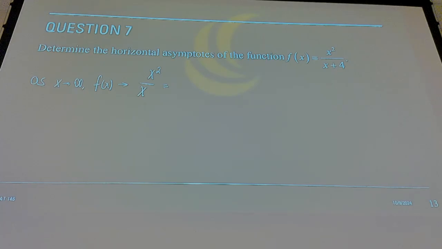Which is what? Oh, but wait, as x gets really large, what does x do? Gets really large. So there's no horizontal asymptote on the right. On the right-hand side, the graph is just going to keep increasing without bound. That's what this is saying.